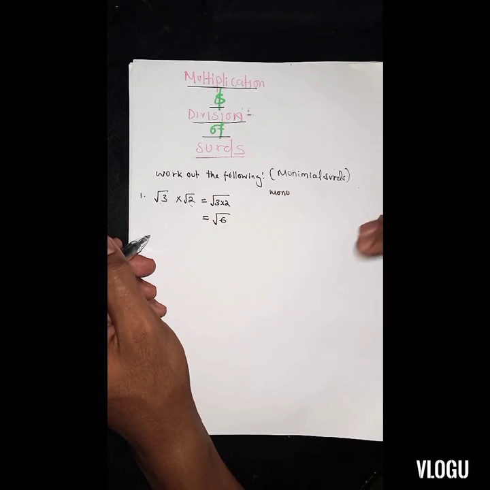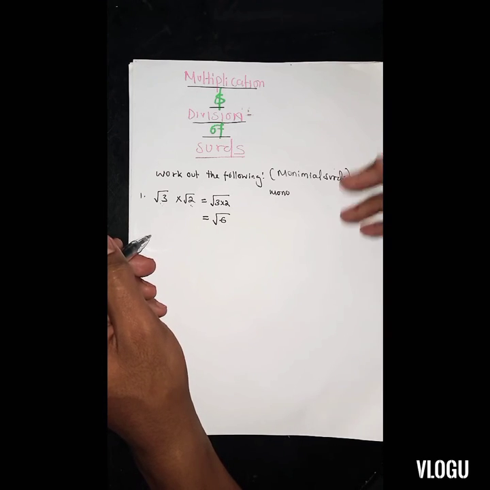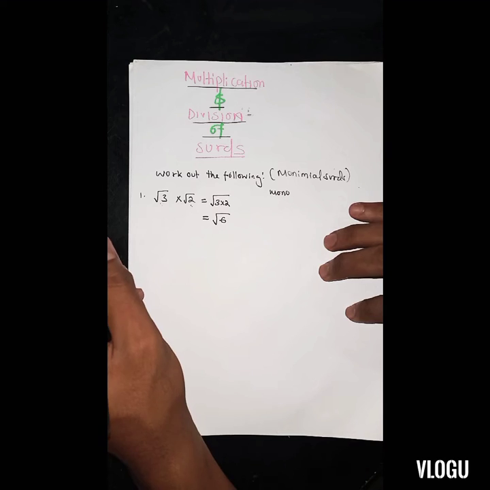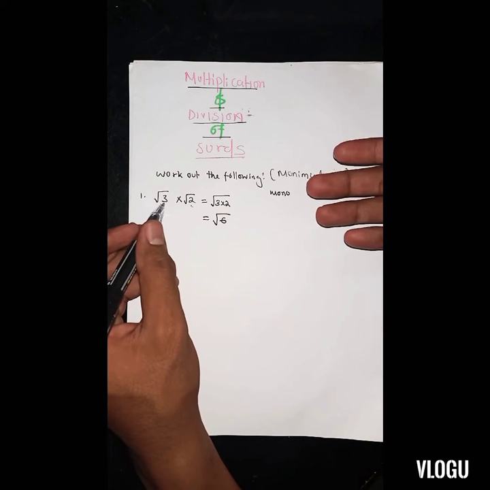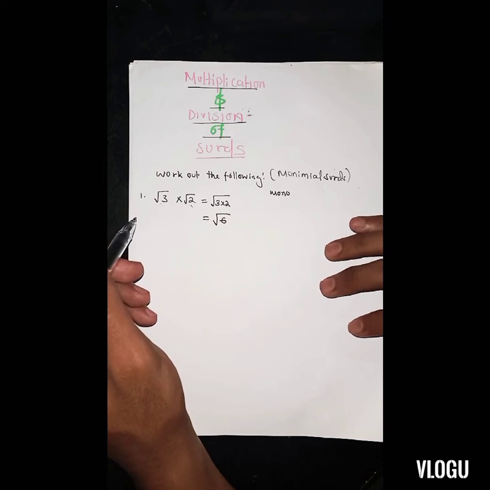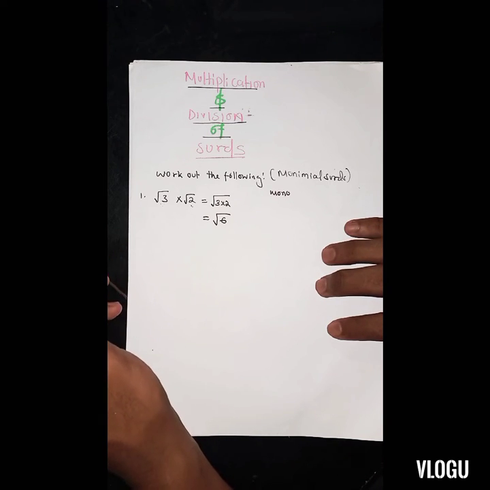That's how easy multiplication of surds is. It's not like addition, where you cannot combine surds which are different. In multiplication, whether the numbers under the root are the same or different, you just multiply. It doesn't have any limits like the case of addition.